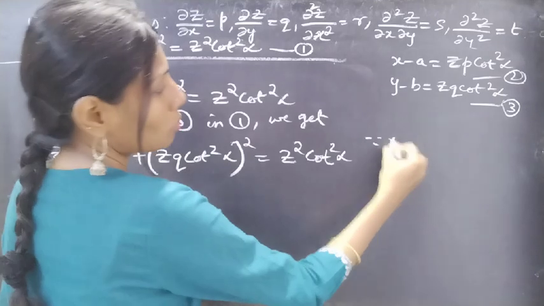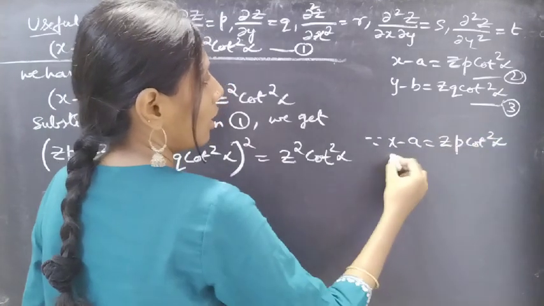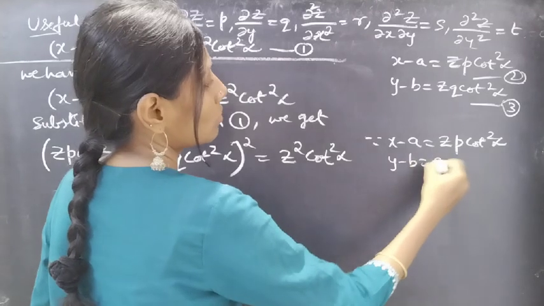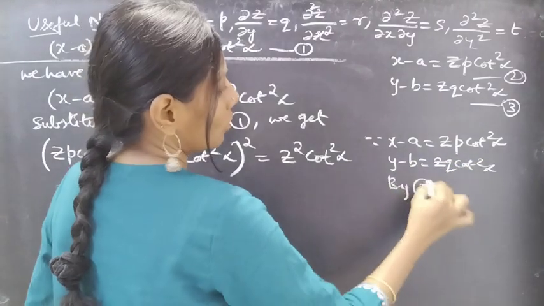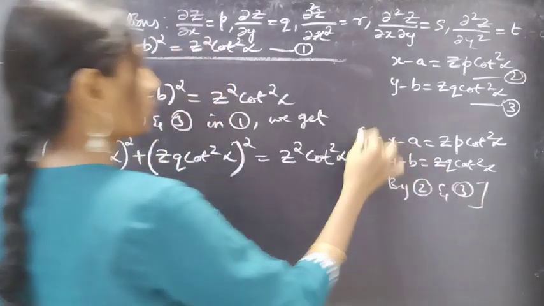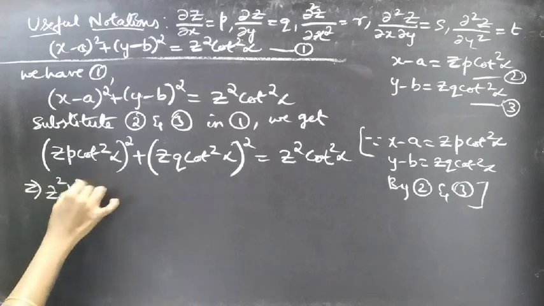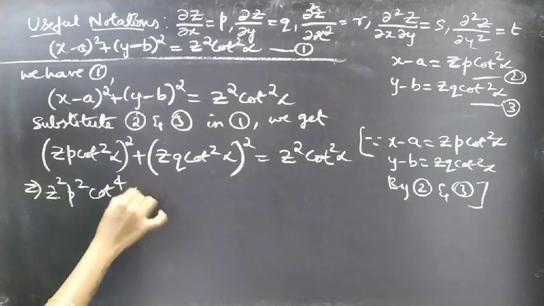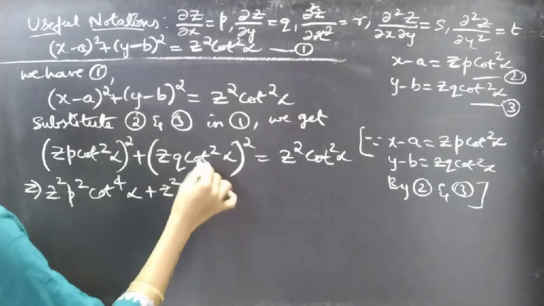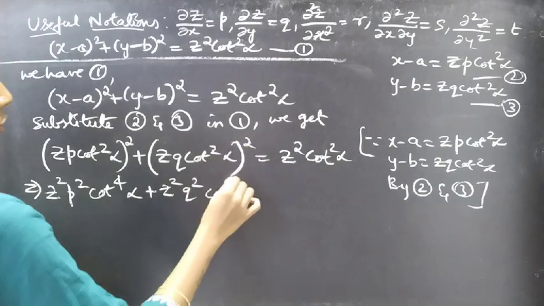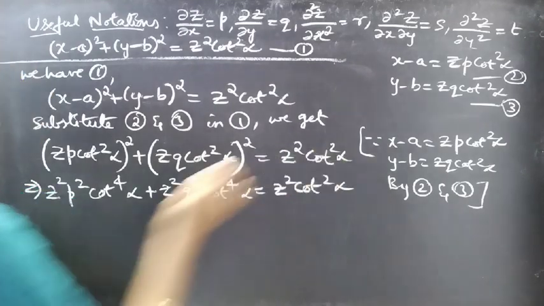Since x minus a equal to zp cot square alpha and y minus b equal to zq cot square alpha by 2 and 3, right? And this gives us z square p square cot power 4 alpha plus z square q square cot power 4 alpha equal to z square cot square alpha, right?